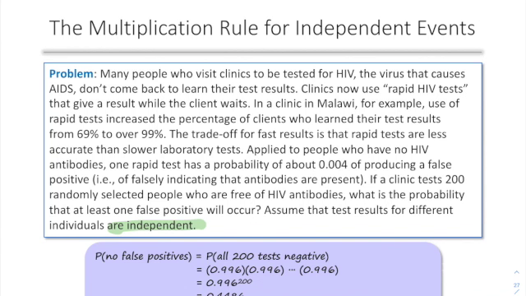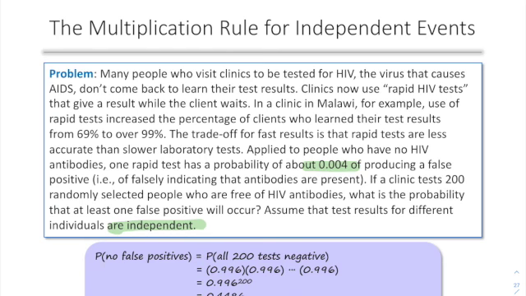So if we're looking at the probability of no false positives, that's the same thing as saying the probability that all 200 tests are negative. So it already told us that one rapid test has a probability of about 0.004 of producing a false positive. So then the probability of a negative would be 0.996.